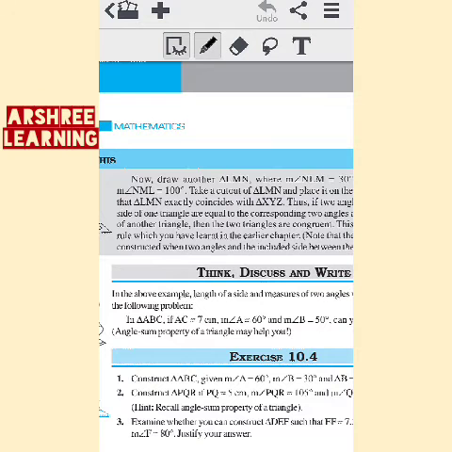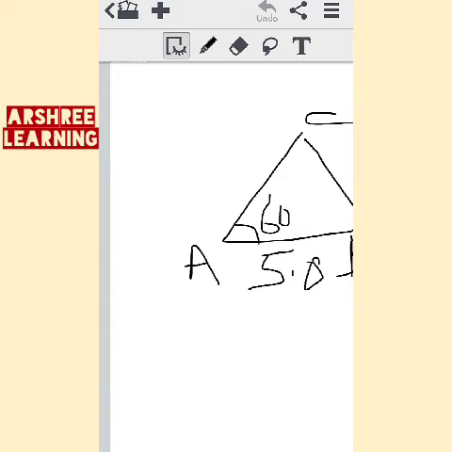Now the 60 degree angle will be made with the help of a compass, and the 50 degree angle you will make with the help of a protractor. So this is your rough figure.